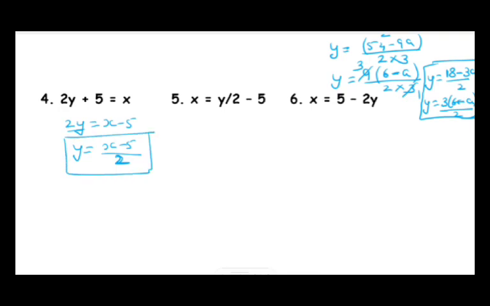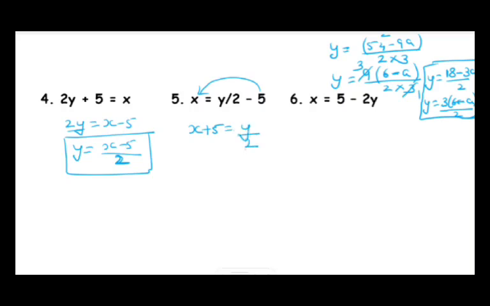X is equal to y upon 2 minus 5. So this time the y is on the right hand side. First we will leave y alone and then bring it to the left hand side. So it goes as x plus 5, as I'll bring the minus 5 on this side, and I'm left with y upon 2.